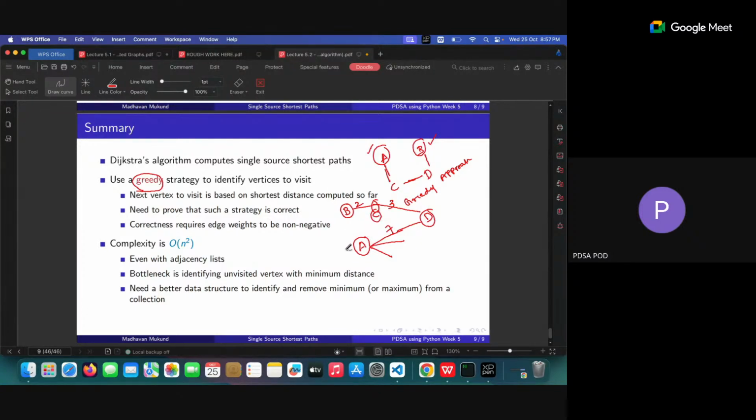But here, once you fix A, we don't check the other paths, because we always fix a single source. We don't choose other sources. Even if you find another source that is shorter, that's called the greedy strategy to identify the vertices to visit.